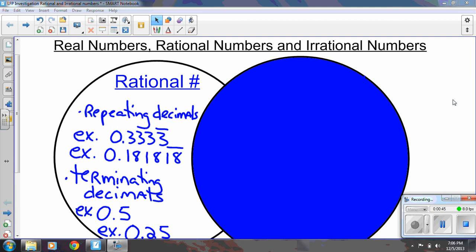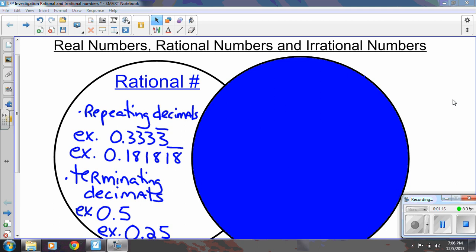Now, a rational number can be one of two things. It can be a repeating decimal, or it can be what's called a terminating decimal. And on our screen, we have some examples of each of those. A repeating decimal, you guys are used to that because many times you want to change fractions, such as 1/3, to a decimal, and you know that the repeating decimal is 0.333 with the repeating sign over it.